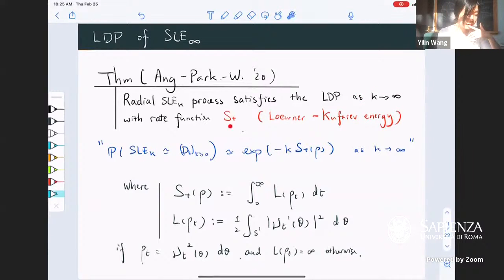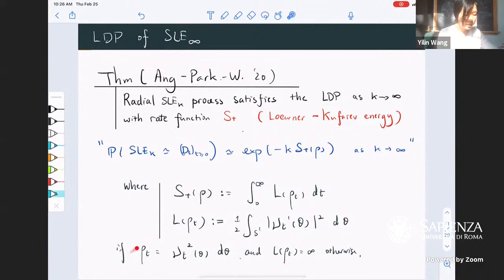And the Viklund-Kufarev energy is defined by an integral of L of rho t, where L of rho t is defined as 1/2 of the Dirichlet energy of the square root of the density of rho t. If I write rho t as nu t squared d theta, L of rho t is the Dirichlet energy of nu t.